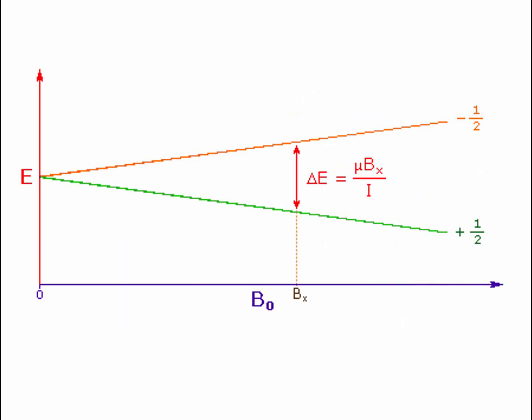So here we have a graph showing what happens to the energy difference between the excited state and the ground state as we increase the magnetic field strength. They get farther and farther apart.